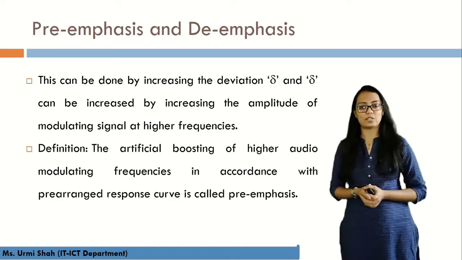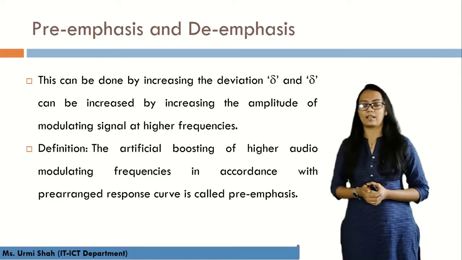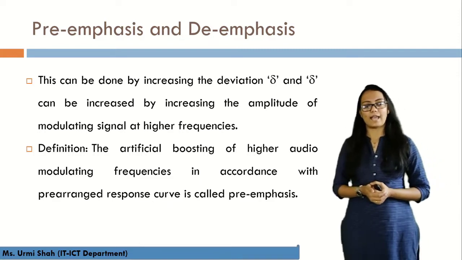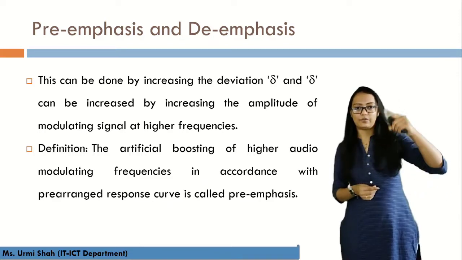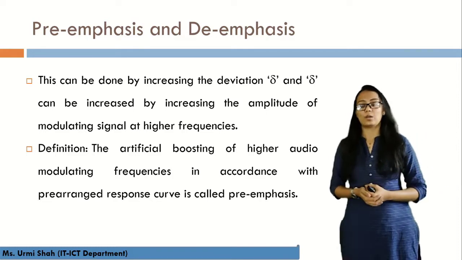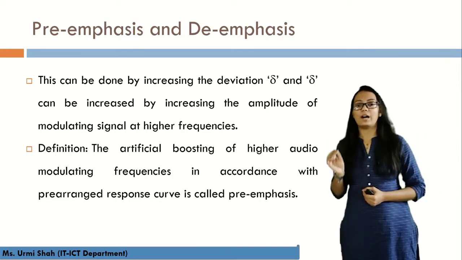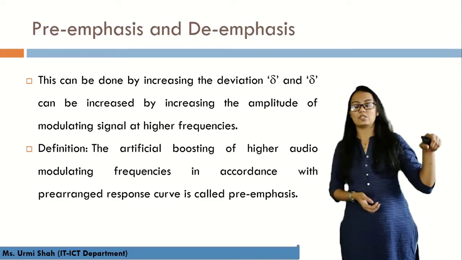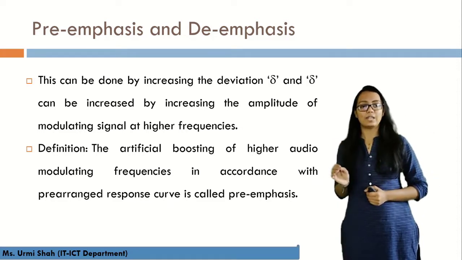Now what is deviation? We discussed in the previous session that we are varying the frequency of the signal. The maximum allowable change in that frequency variation is known as deviation.